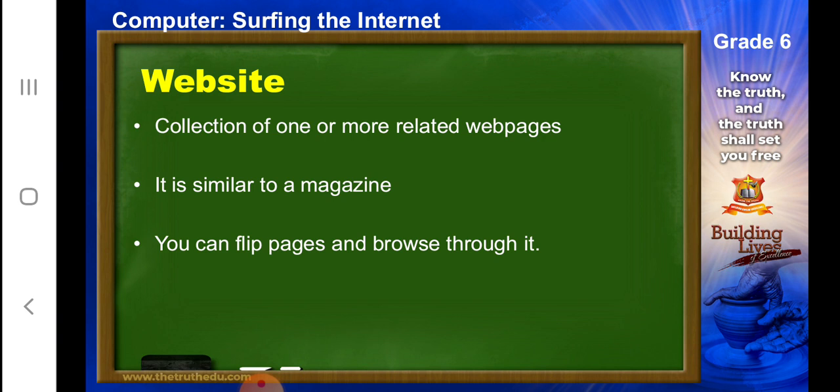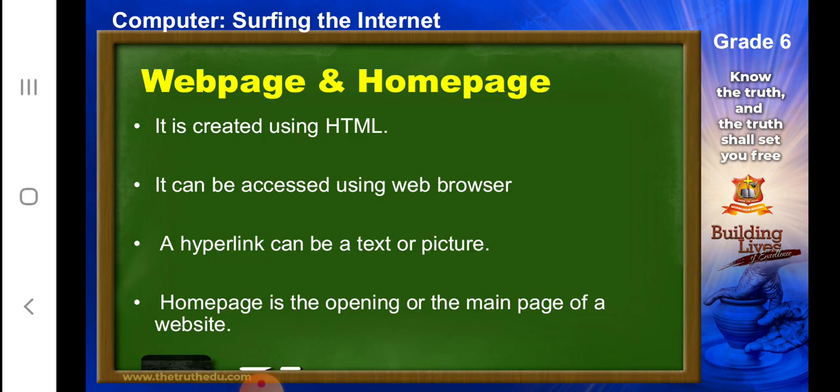Next comes the web page. Now, what is a web page? The page that makes up the World Wide Web is known as a web page. That's a very simple definition. A web page is the one which has the information which you want to view or visit. When there are too many pages, like I said earlier, it forms a website.